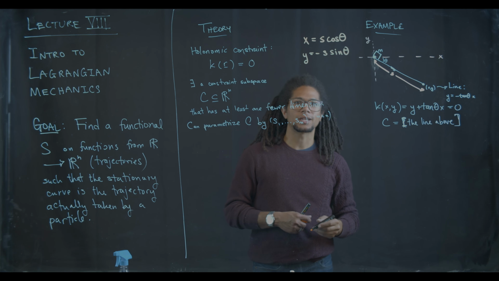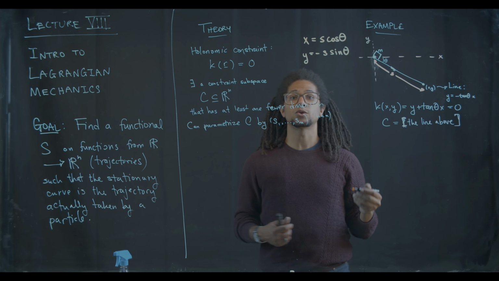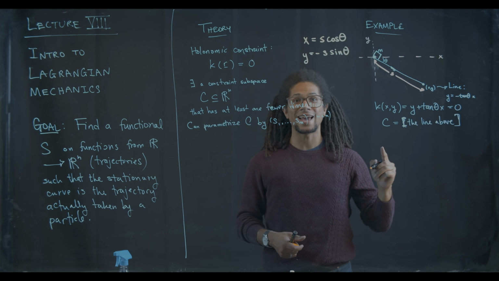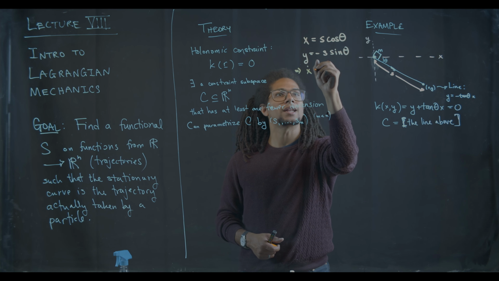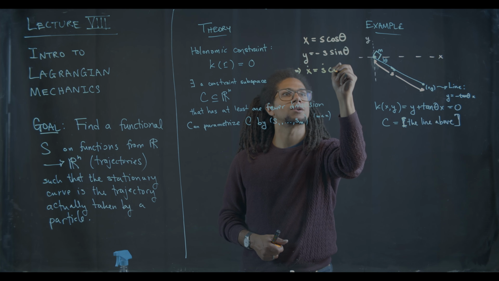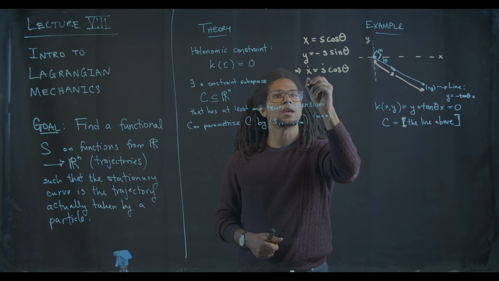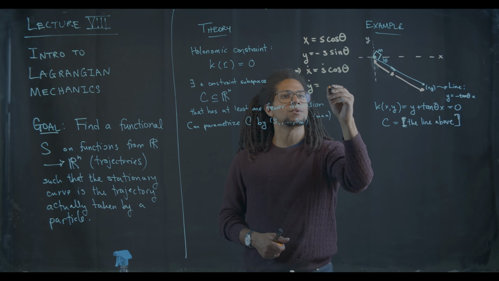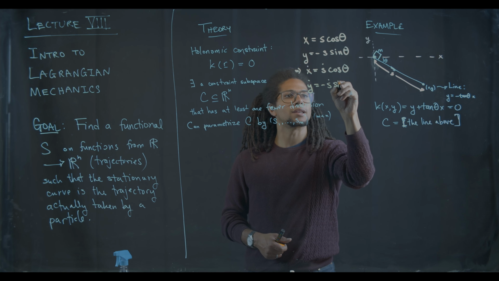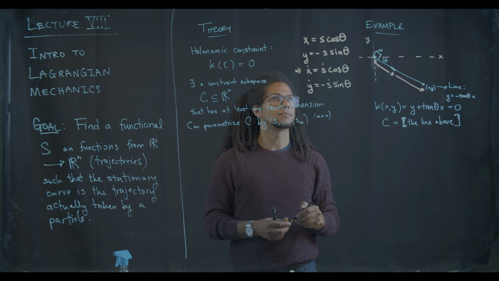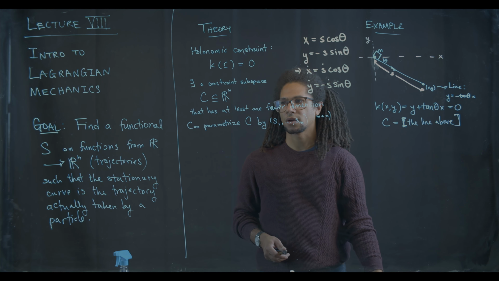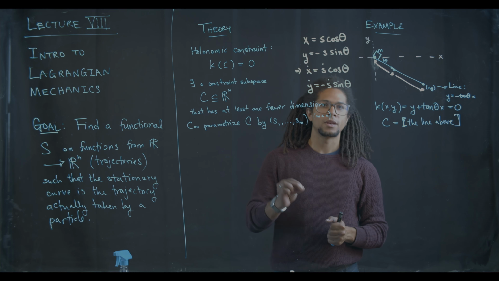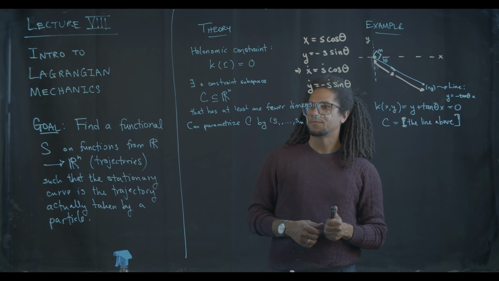While I'm at it, let me take the derivatives of these with respect to time as well, noting again that theta is constant. So x dot is equal to s dot cos theta, and y dot is equal to minus s dot sine theta. Great.